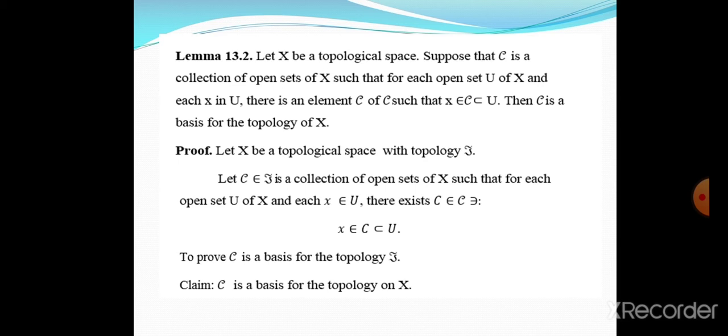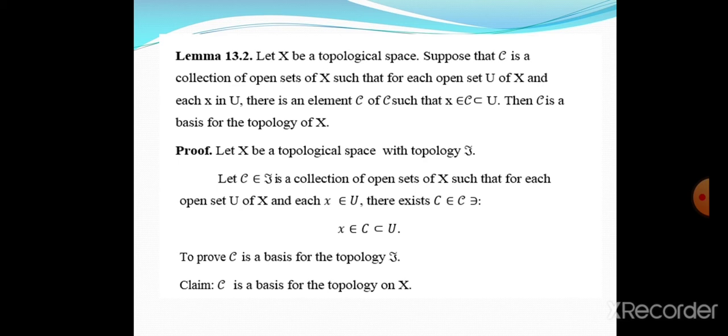Given X is a topological space. Suppose script C is a collection of open sets of X such that for each open set U of X and each x in U, there is an element C of script C. Here script C means a basis, so the elements of script C are C1, C2, C3, etc. Okay.